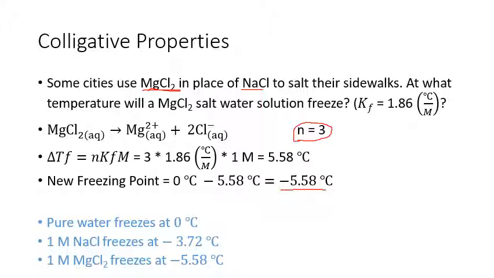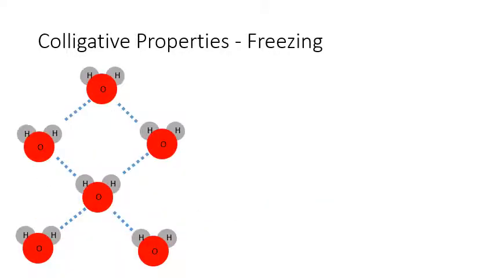NaCl doesn't freeze till minus 3.7. MgCl2 solutions don't freeze till minus 5. So if your city was going to be in the minus 4 range, you don't want your water to freeze, so maybe you go with the MgCl2. Versus if your city's only in the minus 2 range, maybe you're okay with just the NaCl, because you don't need to worry about it ever getting down to minus 5. You're only worried about it getting down to minus 2.